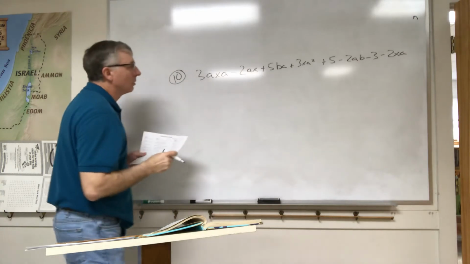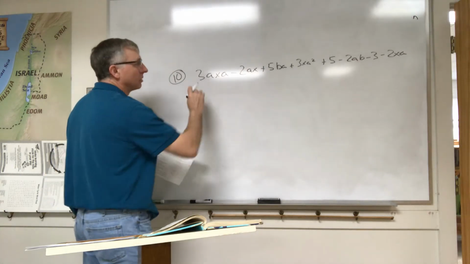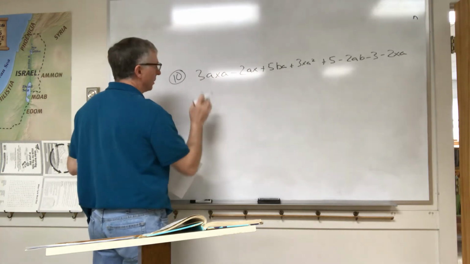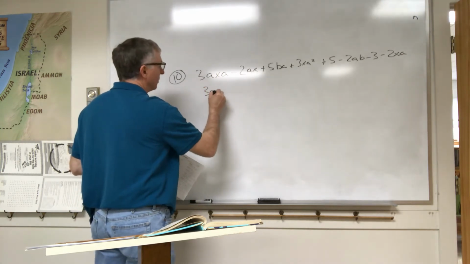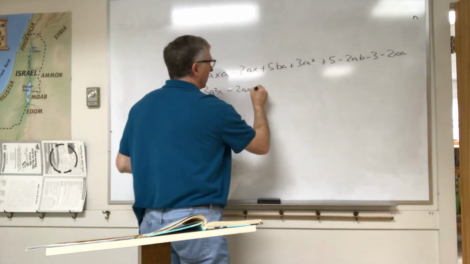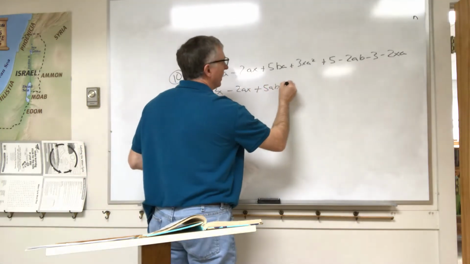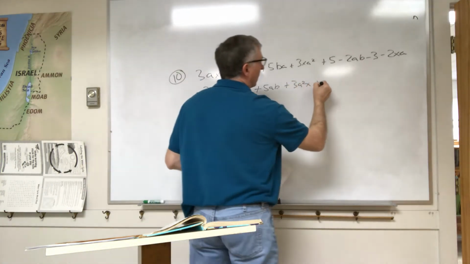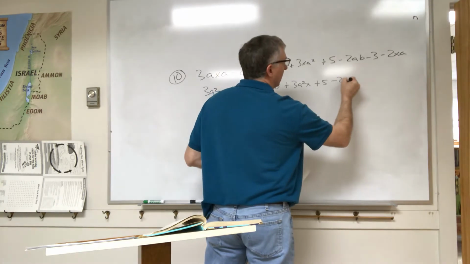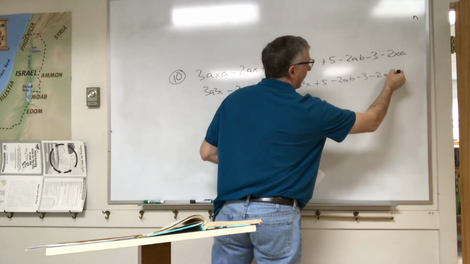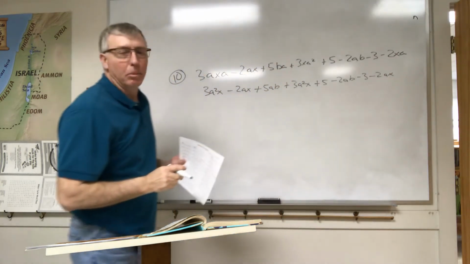Okay, so when you go through these terms and combine the terms within each term alphabetically, this turns into 3a squared x minus 2ax plus 5ab plus 3a squared x plus 5 minus 2ab minus 3 minus 2ax.